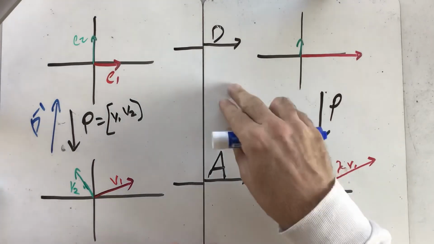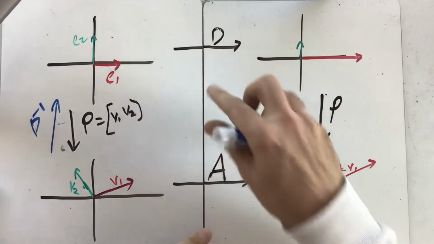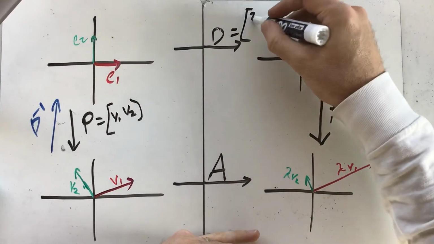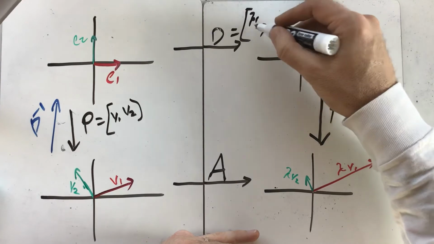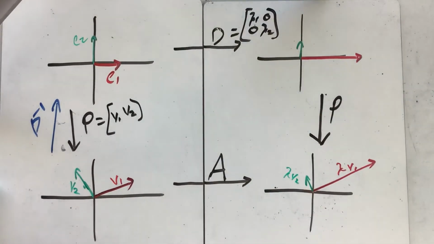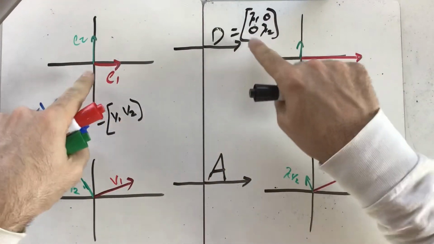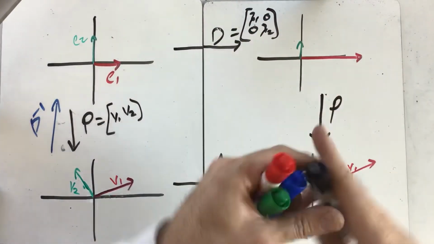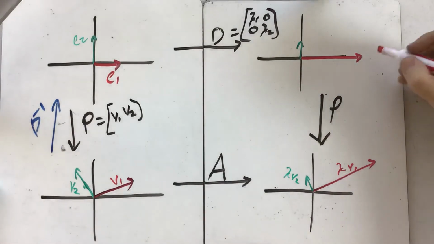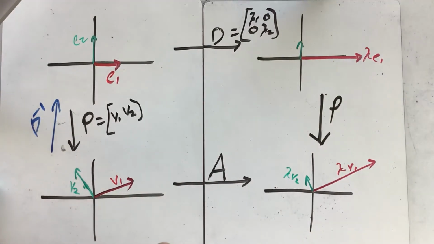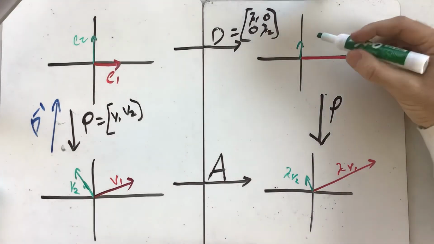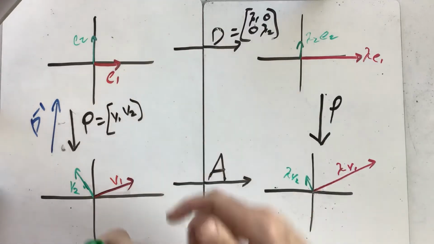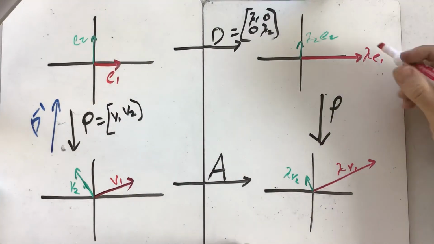Okay. Now, what does a diagonalization do? A diagonalized matrix, which is that matrix lambda 1, lambda 2 with zeros on it, just stretches. So notice this is multiplied by E1, and so E1 just gets stretched by that lambda value. So this becomes lambda 1 E1, and this one just becomes lambda 2 E2. So all that happens is this diagonalization matrix is just a stretching matrix.